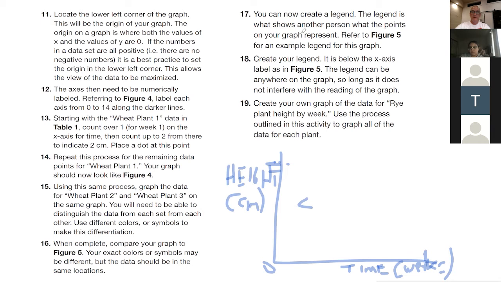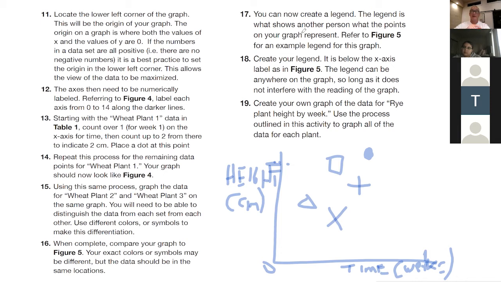So like a diamond for plant 1, or a square for plant 2, or a cross for plant 3, or an X, or a dot, or different colors is really nice. If you can draw in different colors, that's even the best way. If you're just doing black and white, then try and make them different figures, so it's pretty easy to tell which is which.